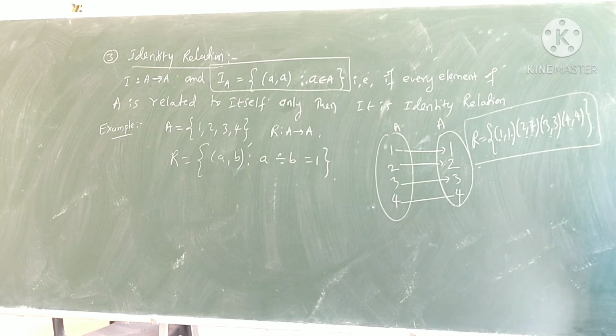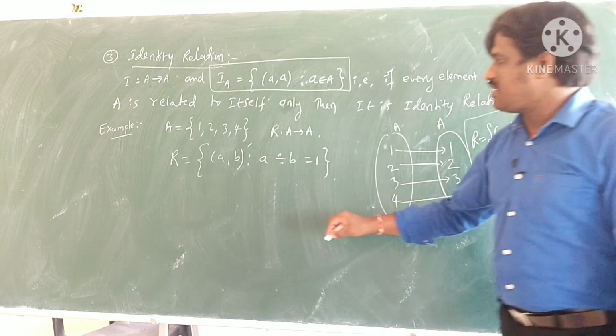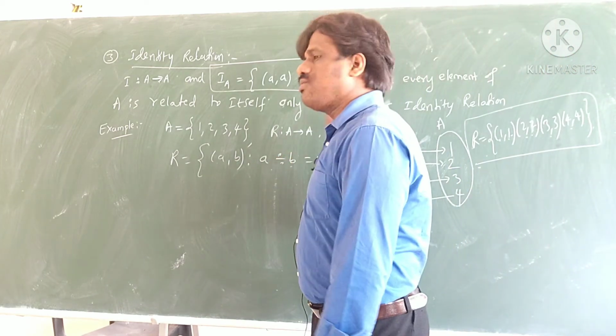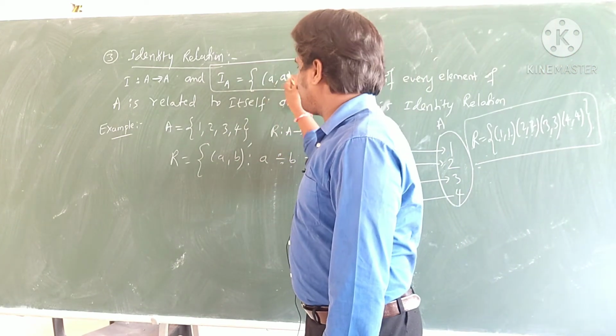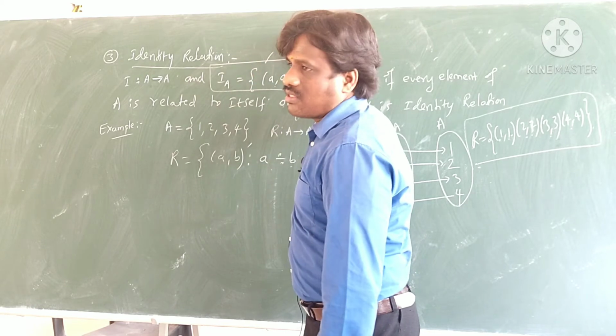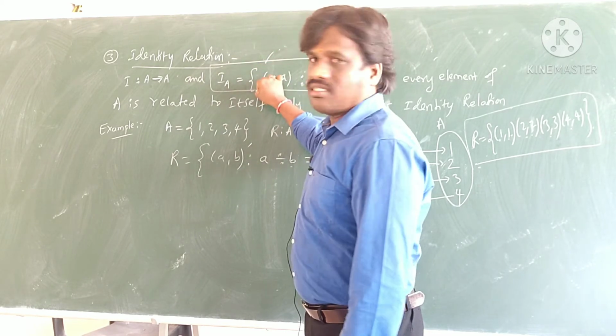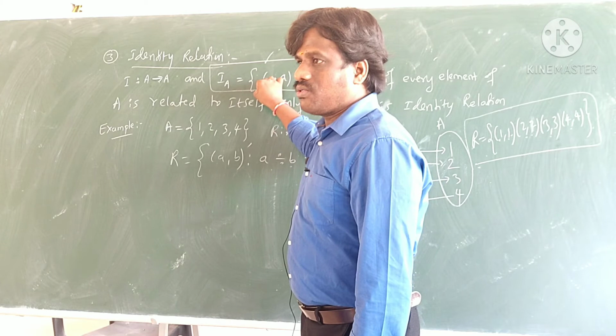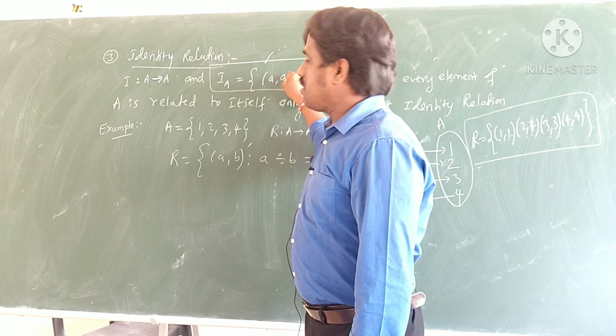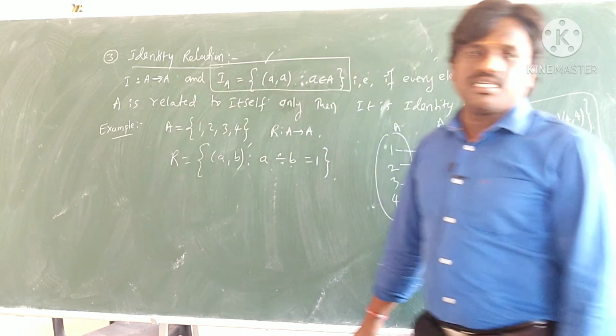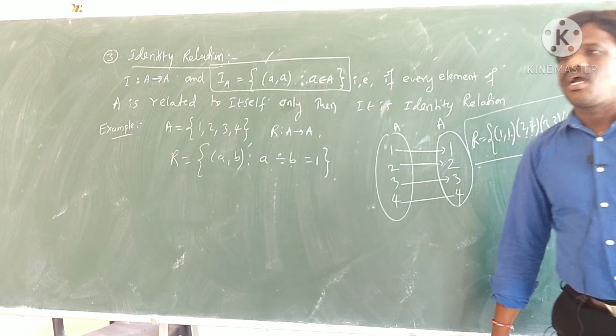So (a, b) such that a divided by b is equal to 1. So (a, a), specially, I will say. So R is a relation, I of A is equal to (a, a) where a belongs to A. Such a relation is called what? Identity relation.